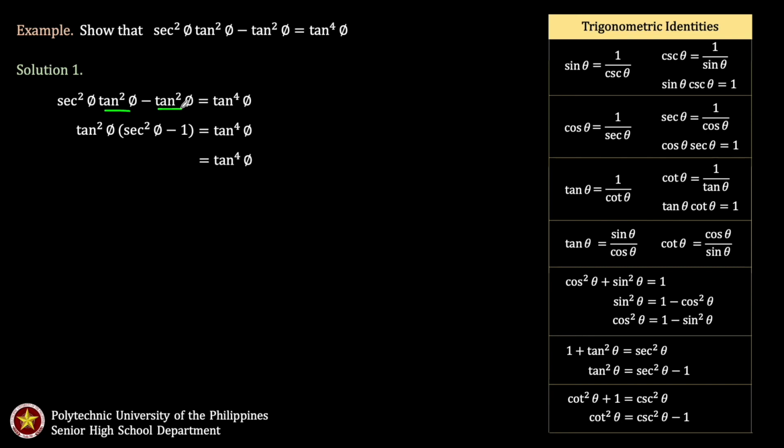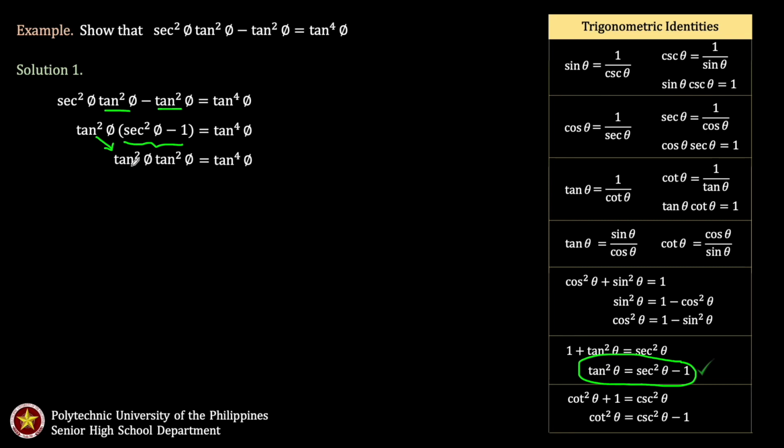Here, secant squared phi minus 1 is, by this identity, tangent squared phi. So we can substitute that. We have tangent squared phi, and now bring down tangent squared phi on this part. So this quantity is tangent squared phi based on this identity.